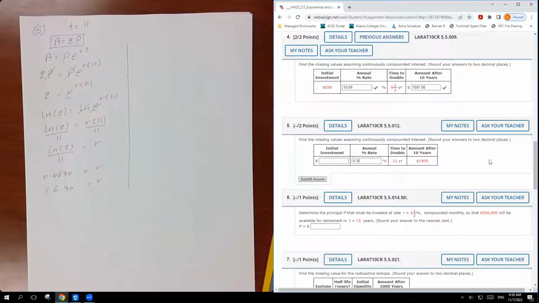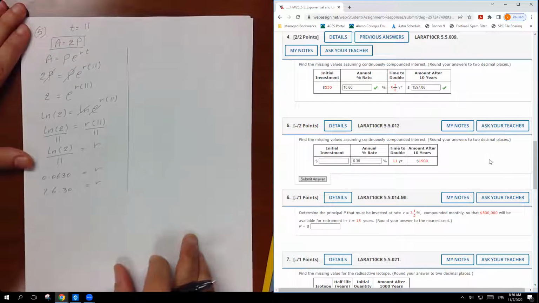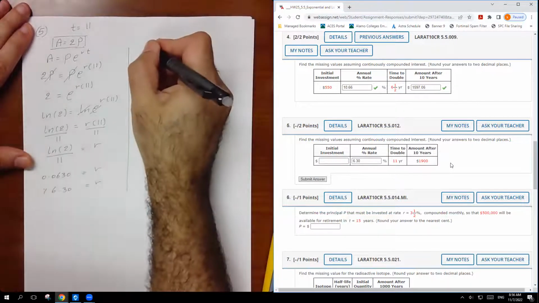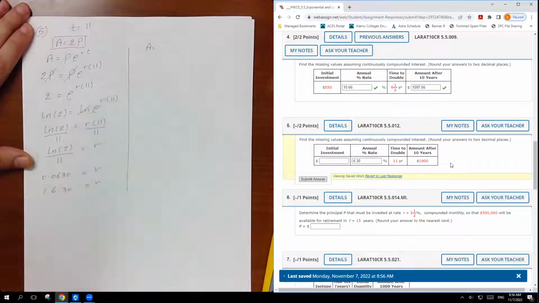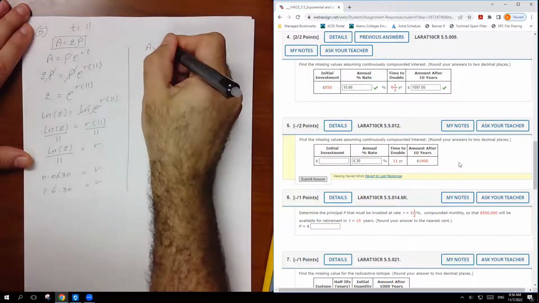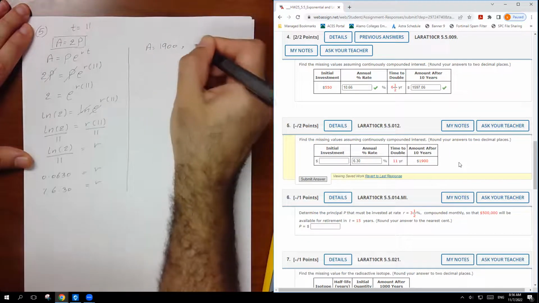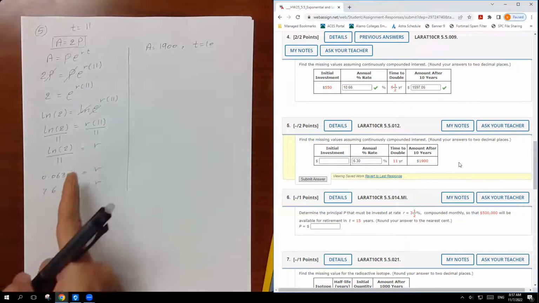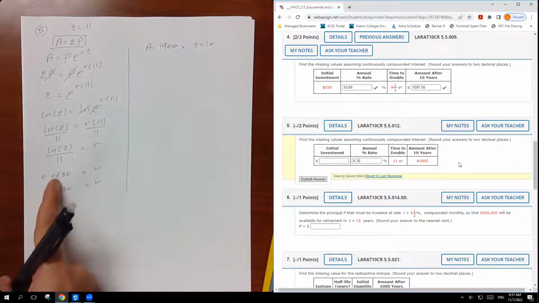Now, how to find the initial amount? We're going to use the same formula, and we have the amount after 10 years. Now we have A equal 1900, and the time is 10, and we have the rate. I'm not going to use this rate, I'm going to use this one.